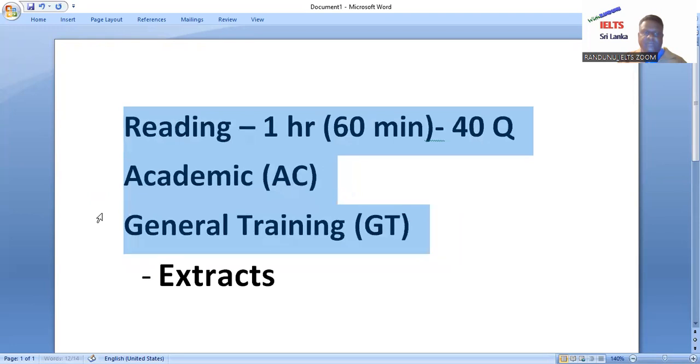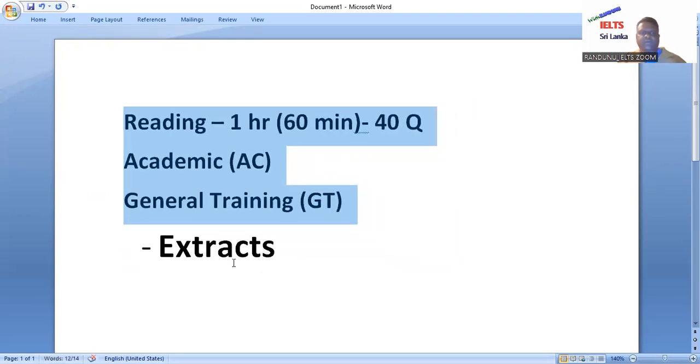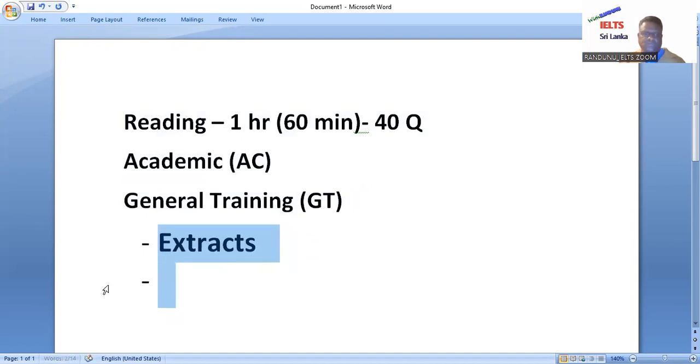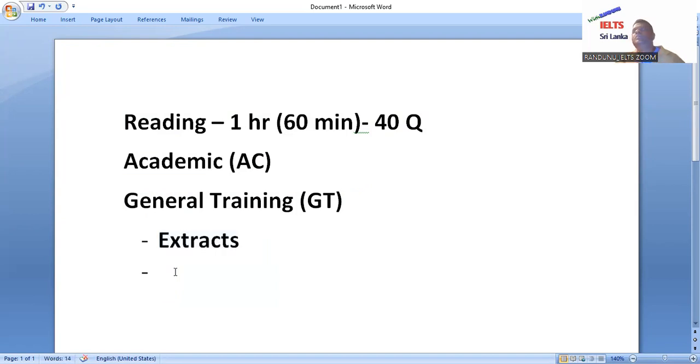Second difference comes in, what is different? Number of passages.